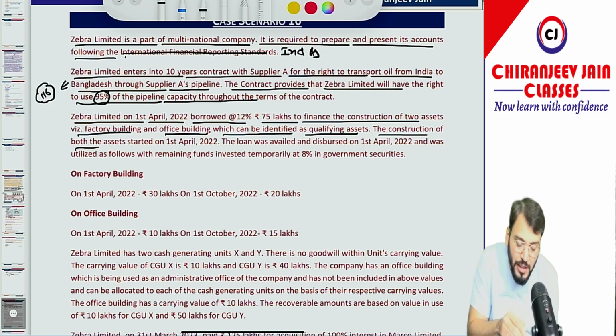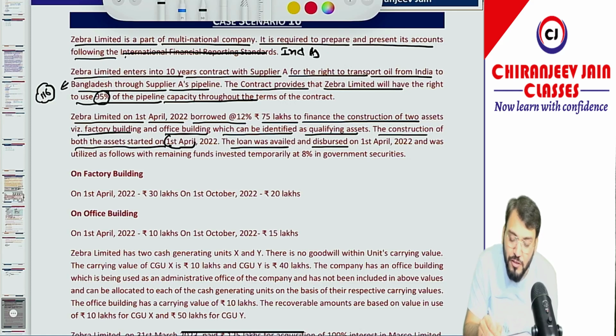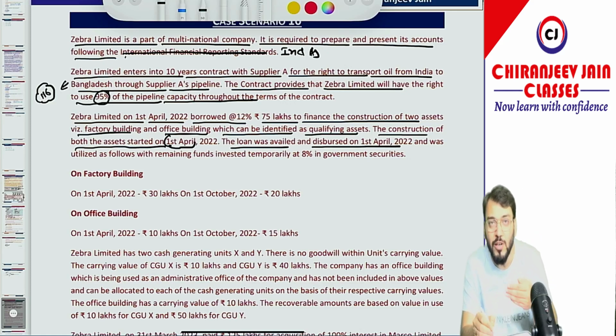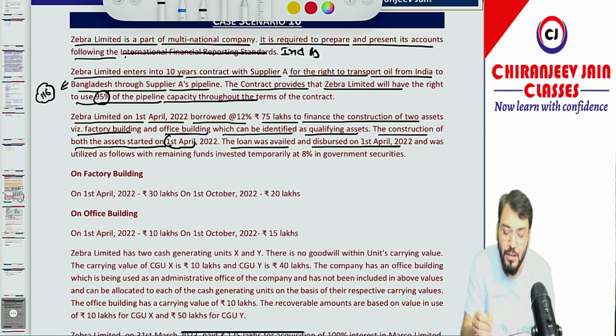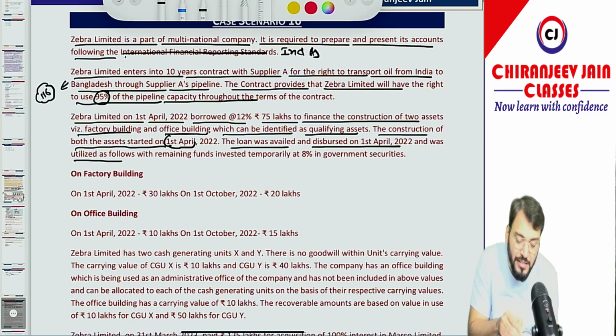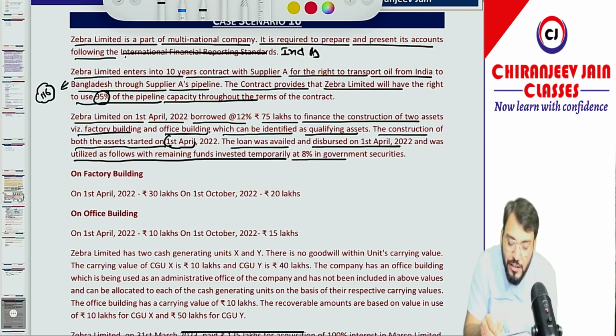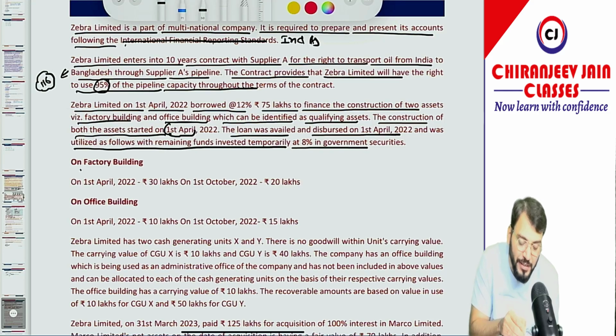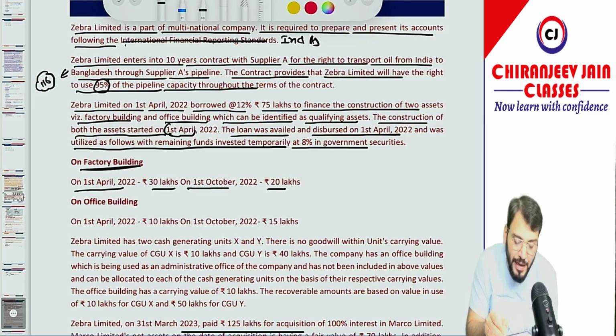The construction of both assets started on 1st April. The loan was availed and disbursed on 1st April, which means 1st April will be the date of commencement of capitalization. It was utilized as follows, with the remaining fund invested temporarily at 8% in government securities. Factory building: 1st April 30 lakh, 1st October 20 lakh. Office building: 1st April 10 lakh, and on 1st October 15 lakh.